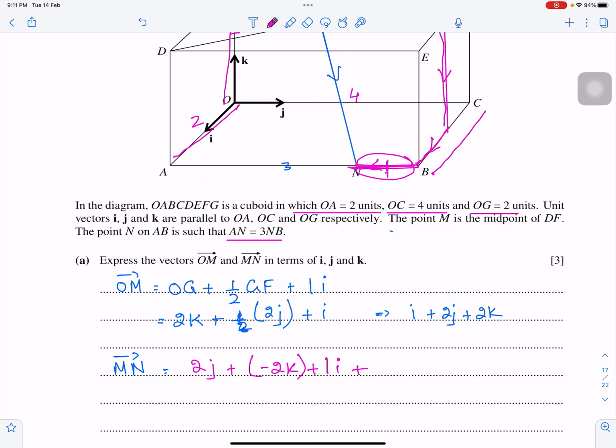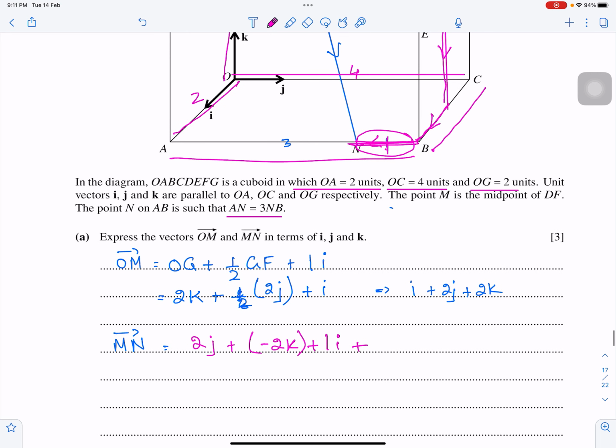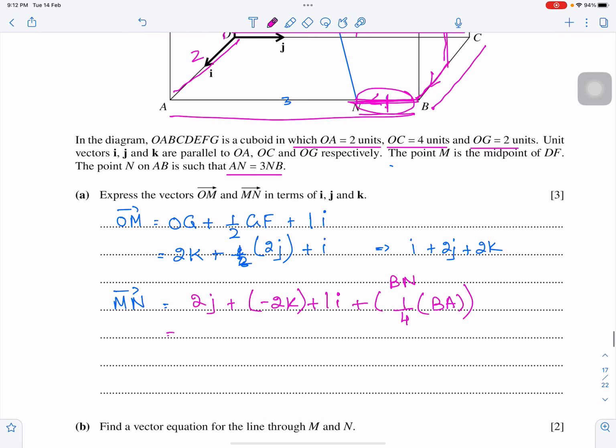I'm repeating, BA is the same as CO and CO will be minus 4j. So you will write here BN equals 1/4 of BA. I'm writing everything in detail; you can write it directly if you want.